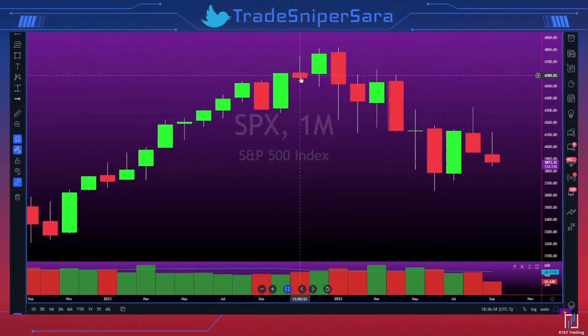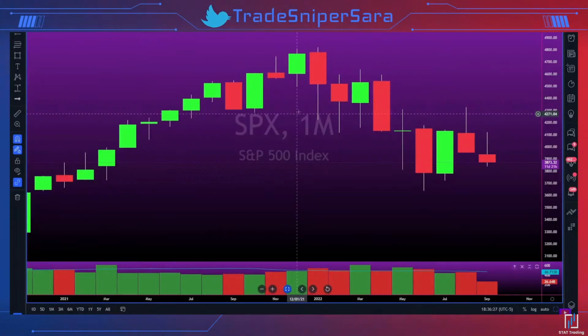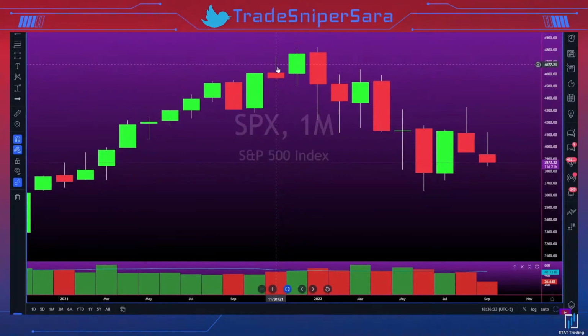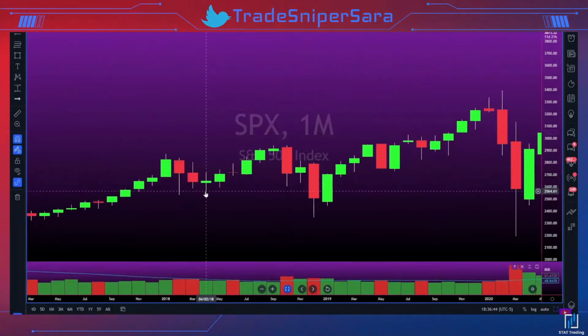And then the bears took back over. This is what we call conflict. So when you have a 2 up that is red, that would be a 2 in conflict. If you have a green 2 down, that means you're in conflict.